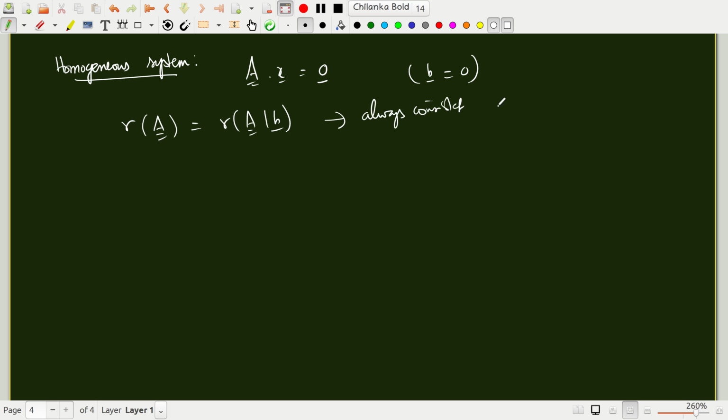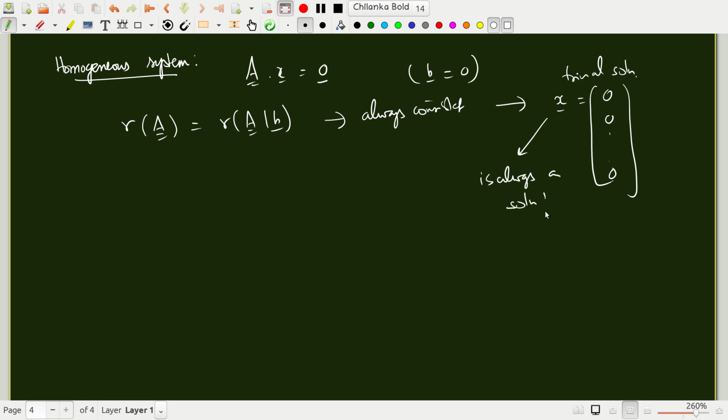That's because for a homogeneous system, the trivial solution containing the 0 vector is always a solution. So you're always bound to get the trivial solution. The key question is, when will you get non-trivial, non-zero solutions?